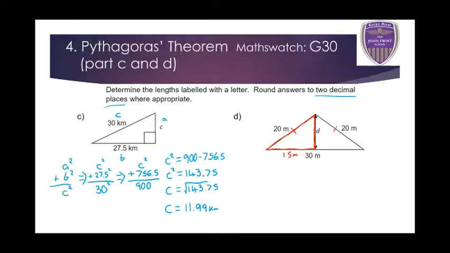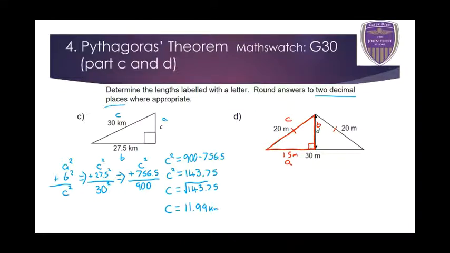Because if the whole base of the triangle is 30 meters, and it's an isosceles, and we're going halfway down the middle, that means we're only working with half of the triangle, okay? So what we've got is a right angle triangle where we know one of the sides, let's call this A, is 15 meters. We don't know what side D is, we're going to call that B, and the hypotenuse is 20 meters.